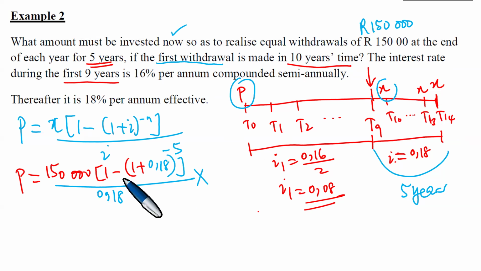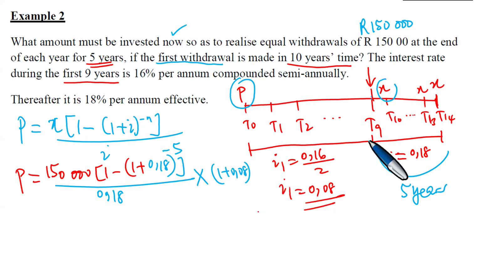Meaning that we're going to say this 150,000 is made in 10 years' time, and it is for 5 years. And we then consider the 0.08, 1 plus 0.08, which is this one here.